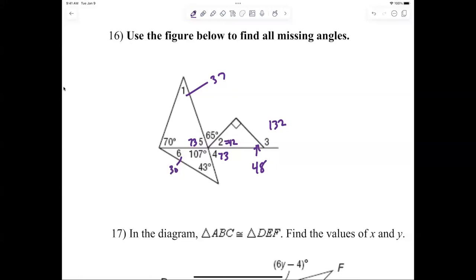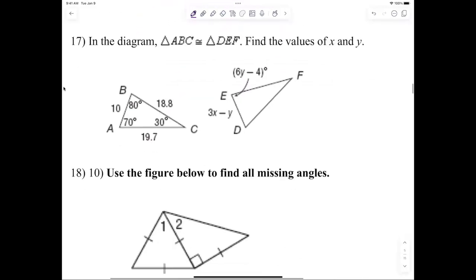If it says find all the missing angles, find all the missing angles. I'll make sure I white out all of the numbers. I made it big enough so you could just write in the angles. I'd rather you just write them in than right off to the sides. Do you understand that?